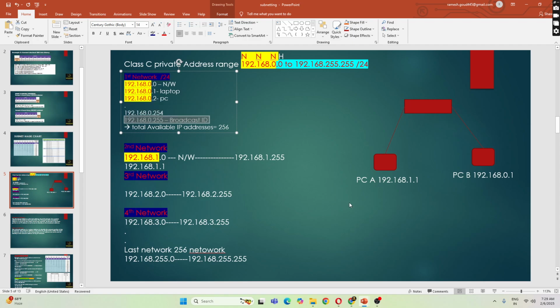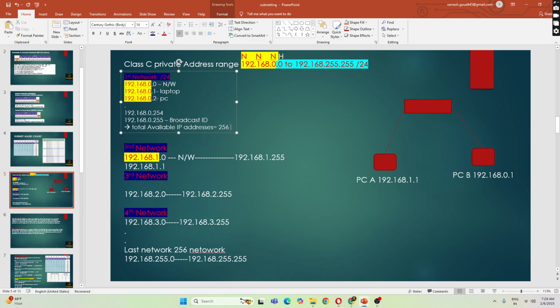Every computer and every networking device requires an IP address. In this network, we don't use the network ID and broadcast ID, because the network ID is used to identify the network portion, and the broadcast ID is used to broadcast the packets within this network.